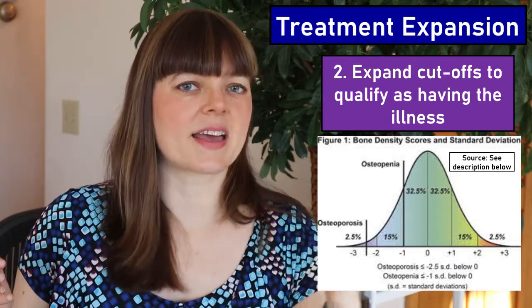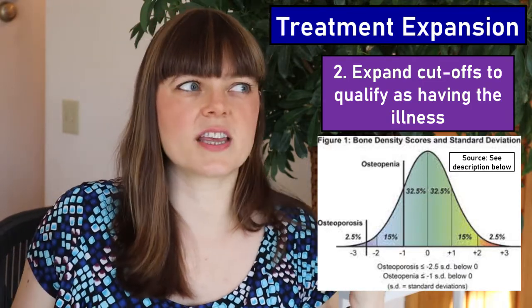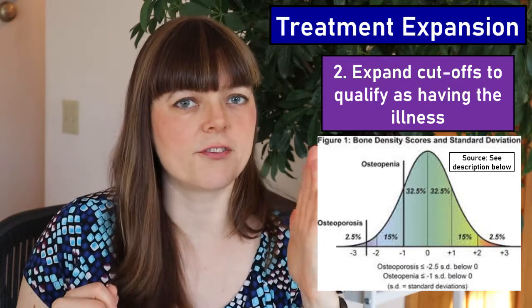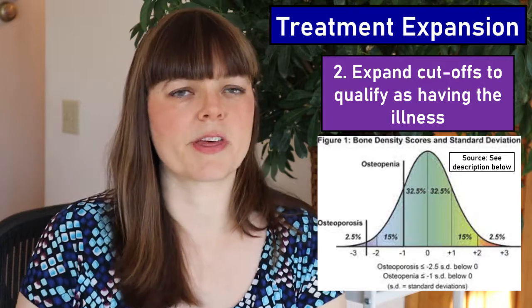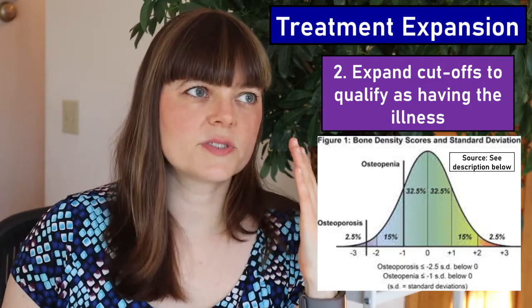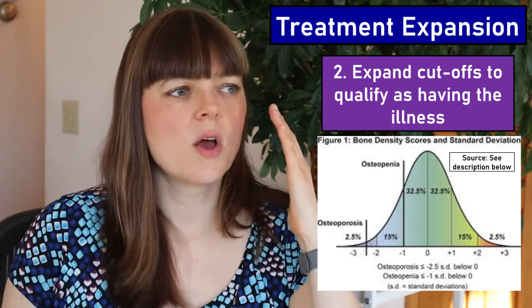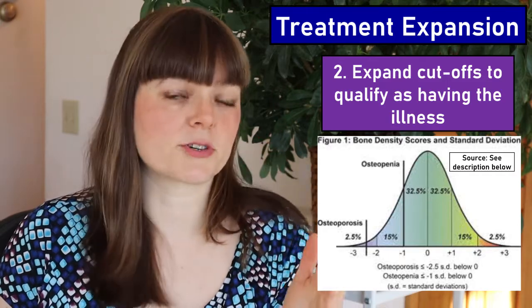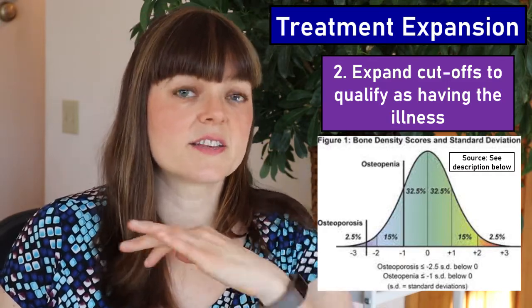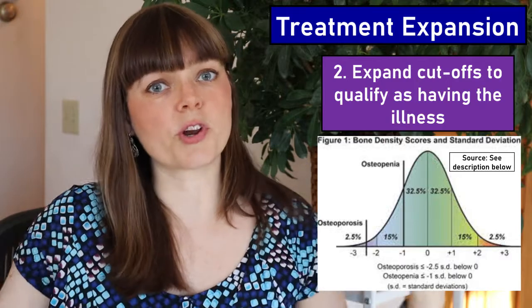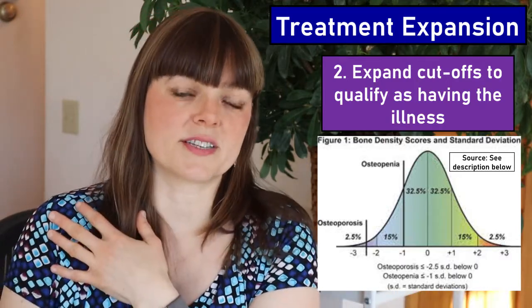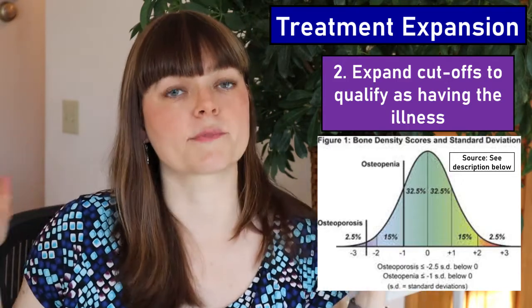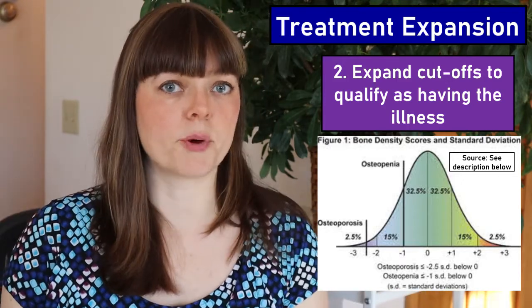But where you set that cutoff for the illness is actually slightly arbitrary. If you moved it a little bit up or a little bit down, that's still a reasonable thing to do. So the question is, what if you take osteoporosis and say, well, we see that the bottom 3% of bone density is one type of illness, but actually we're going to expand the people who need treatment for low bone density to include everybody in the bottom 25% of bone density.